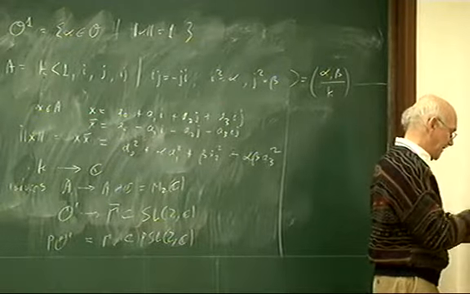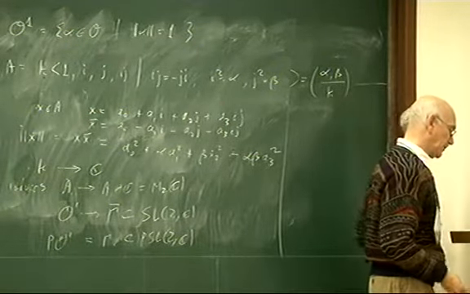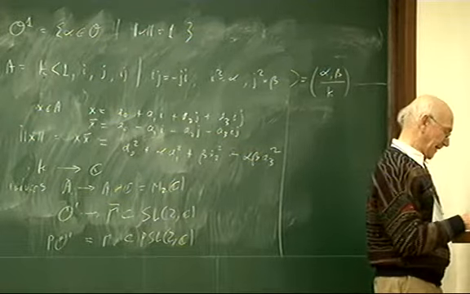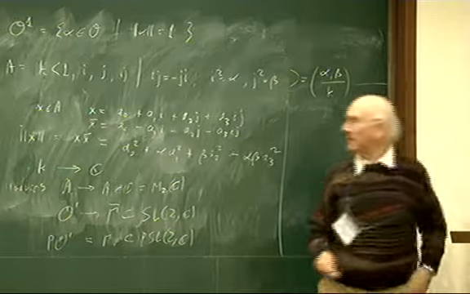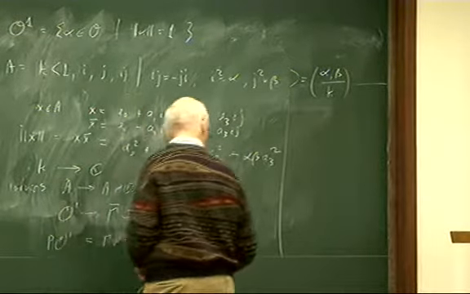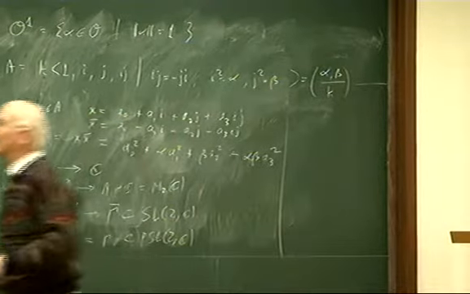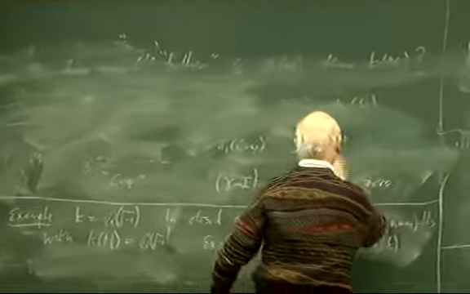So let me finish. I started at 5, so I think I have 5 minutes, which gives me time for one example. I'd like to at least show the sort of calculations that can be done.